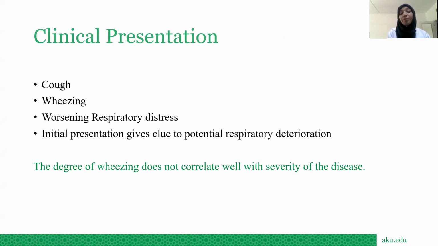Patients can clinically present with cough, wheezing, and worsening respiratory distress, and the initial presentation can give a clue to potential respiratory deterioration. But there is one thing to know: the degree of wheezing does not correlate with the severity of the disease, because a patient with severe asthma can have a silent chest with no wheezing but be in impending respiratory failure.